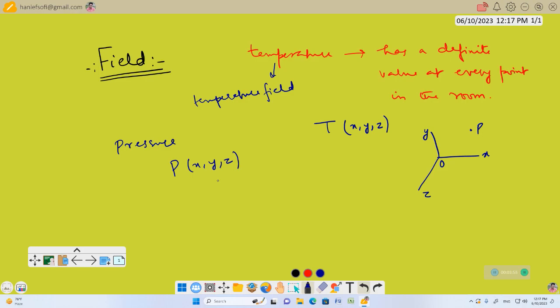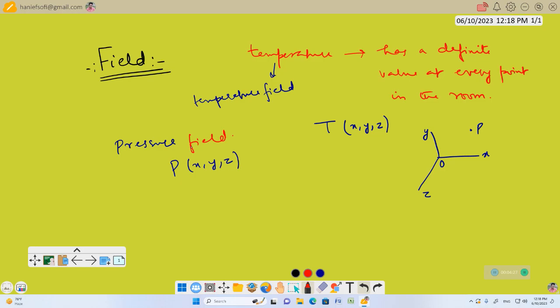So this distribution of pressure over the space in the room we call pressure field, right? So there can be many physical quantities which have different values at different points in space. So we talked about temperature field, we talked about pressure field.